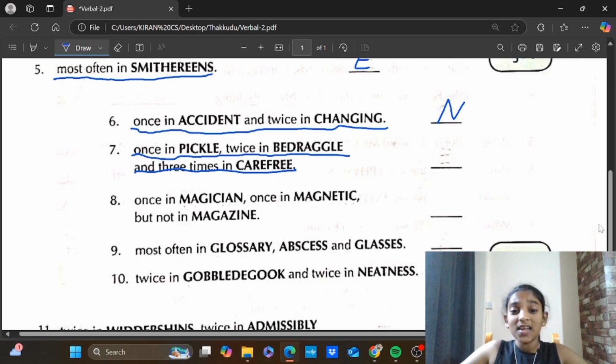It comes once in the second word, and it comes 0 times in the third word. So it's not it. So what about E? It comes once. It comes twice. It comes 3 times. So the answer for number 7 is E.